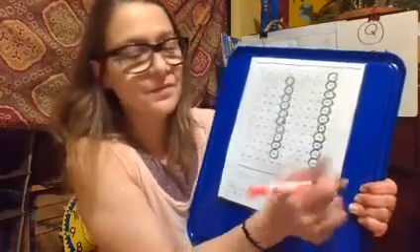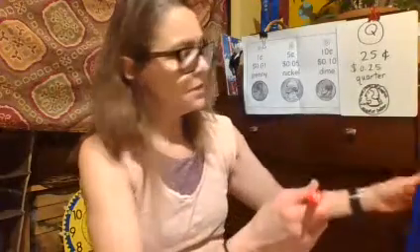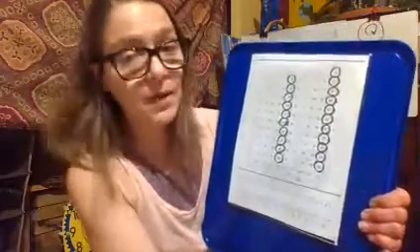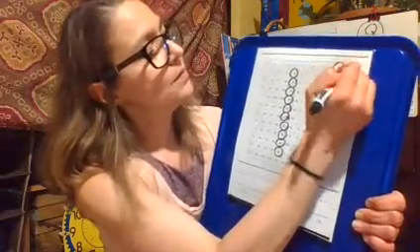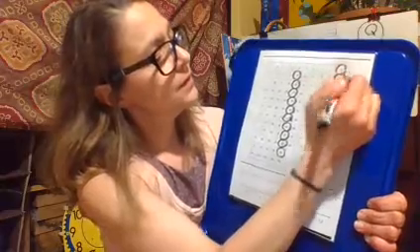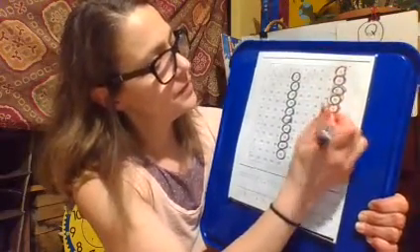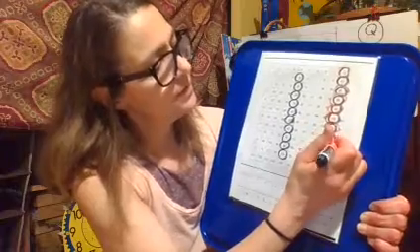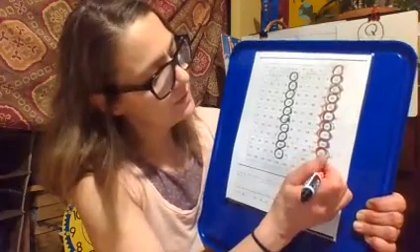100. Okay, the next thing we're going to do is we're going to count by tens. And I'm going to use a different color for that. We're going to start at 0 and we're going to count up to 100. Ready? 0, 10, 20, 30, 40, 50, 60, 70, 80, 90, 100.